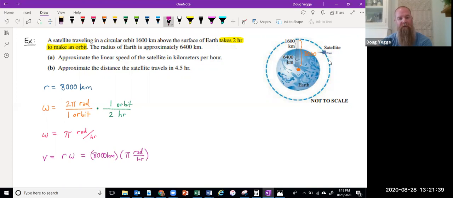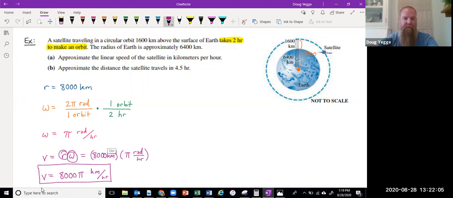And since radians are unitless, that tells me that my linear speed is going to be 8,000 pi kilometers per hour. So that's one way that we're able to figure out our linear speed. We just have to figure out how I'm going to find the information that I need in my formula, and we force ourselves to use the information given.